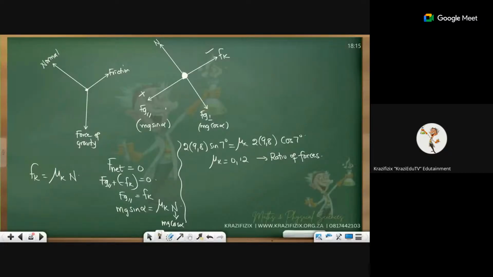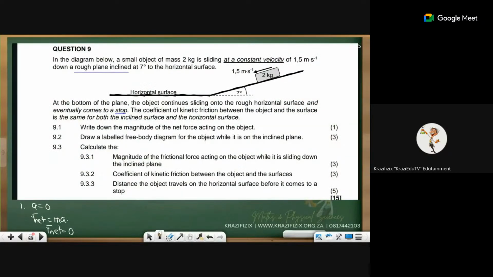Now, we were told something that I read. They said the coefficient of friction is the same for both the inclined and the horizontal. Calculate the distance the object travels on the horizontal surface before it comes to a stop. Let's look at it.